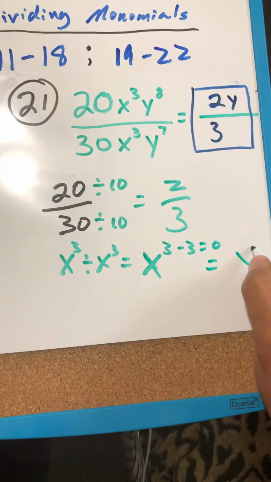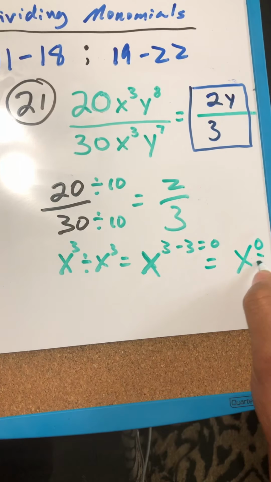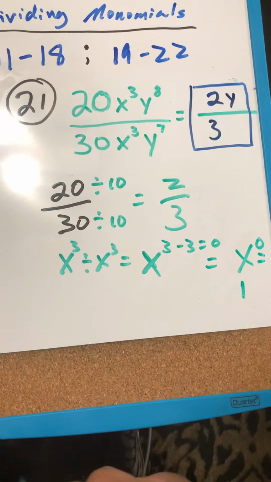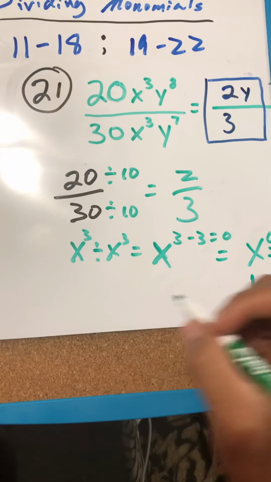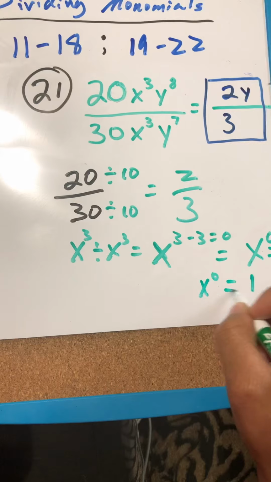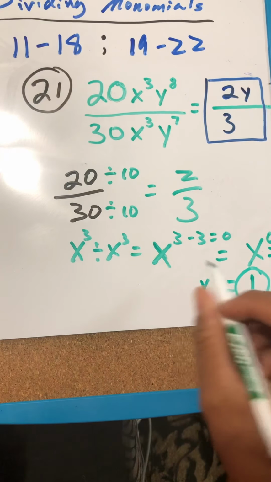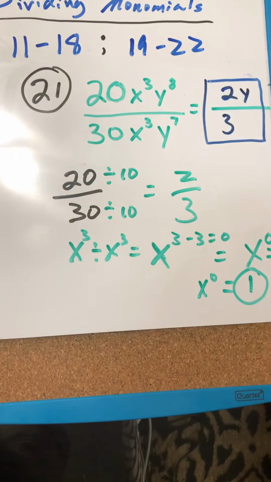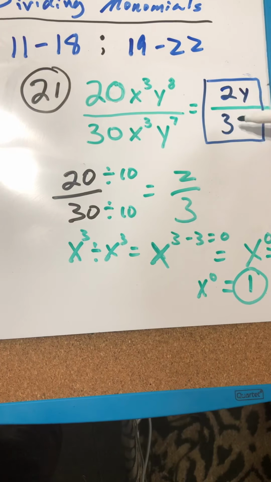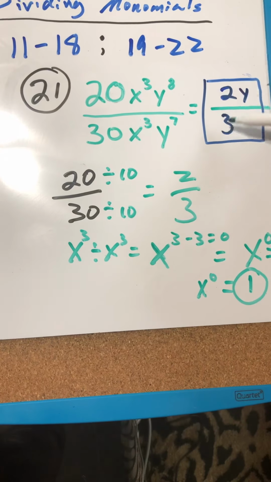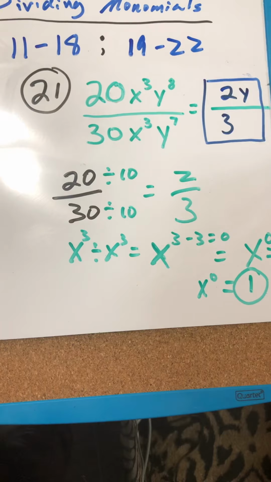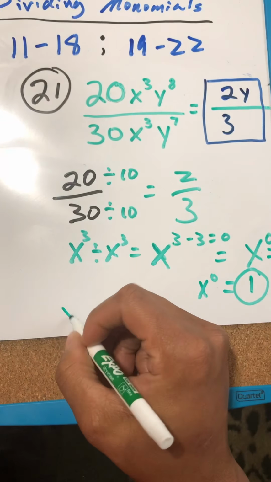And so you get x to the 0. x to the 0 is just equal to 1. So x to the 0 equals 1. So that's what I got with x to the 0. That's why you don't see any x's here, because if I just multiply 2/3 by 1, I'm going to still have 2/3. So moving on to the y's.